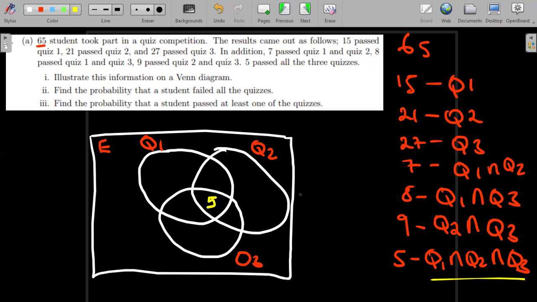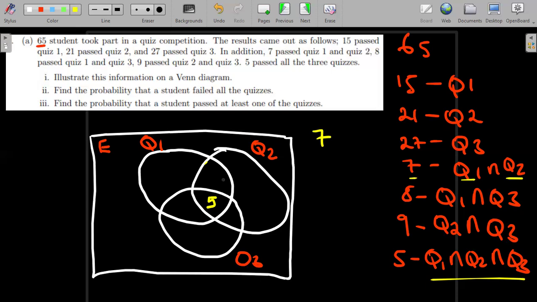Okay, then we can move on to quiz 1 and 2. So here they're telling us 7 passed quiz 1 and quiz 2. Meaning in this intersection here, where we have quiz 1 and 2, we must have 7 people that managed to pass. So we're seeing here that 5 passed all the 3, and the intersection of quiz 1 and quiz 2 must be 7.